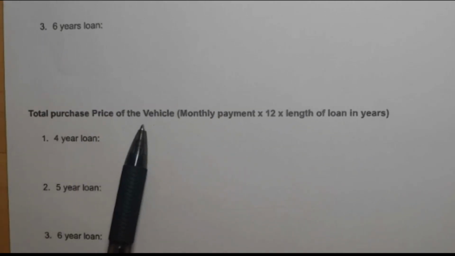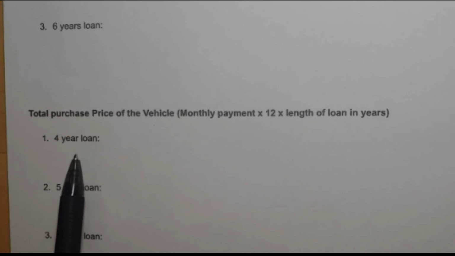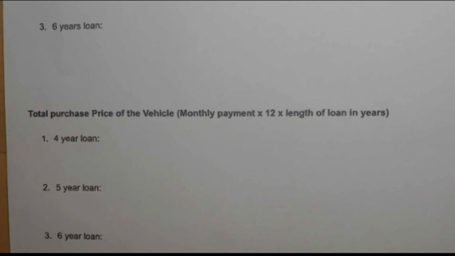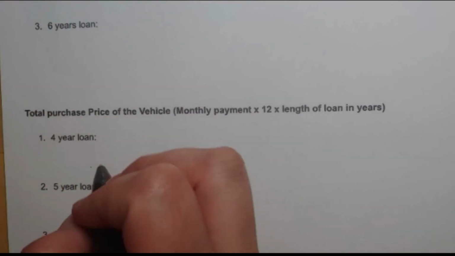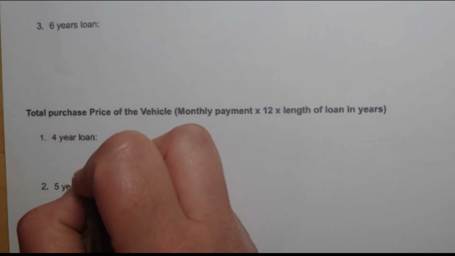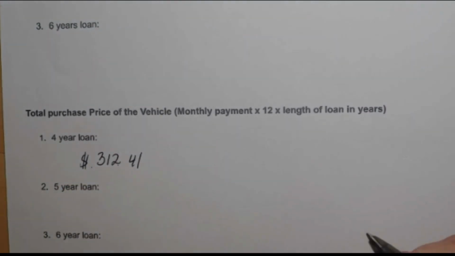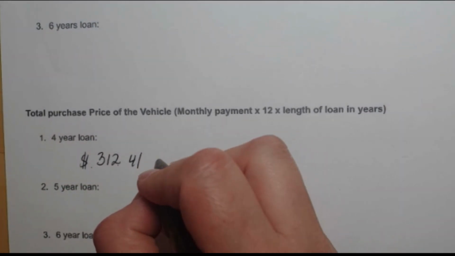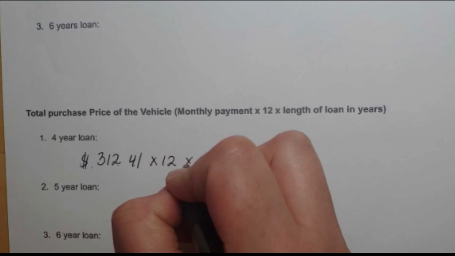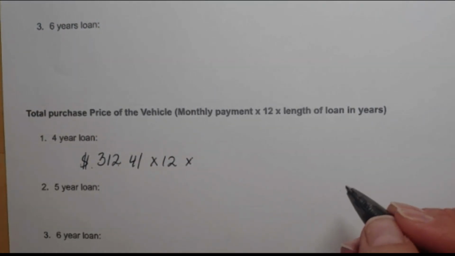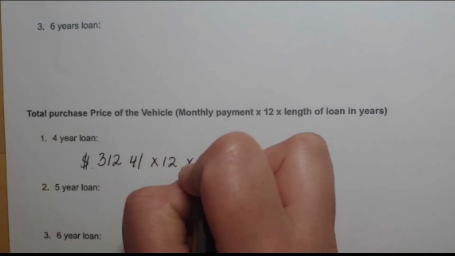Okay, what are we gonna do now? We want to do the same thing. We actually want to find how much we're gonna pay for this car, because the initial amount that we owe and how much we pay is gonna be different because we have an interest rate. Okay, for the 4-year loan, we're gonna pay $312.41. We want to multiply it by 12 months, and then multiply by the length of the loan in years, so it's 4.